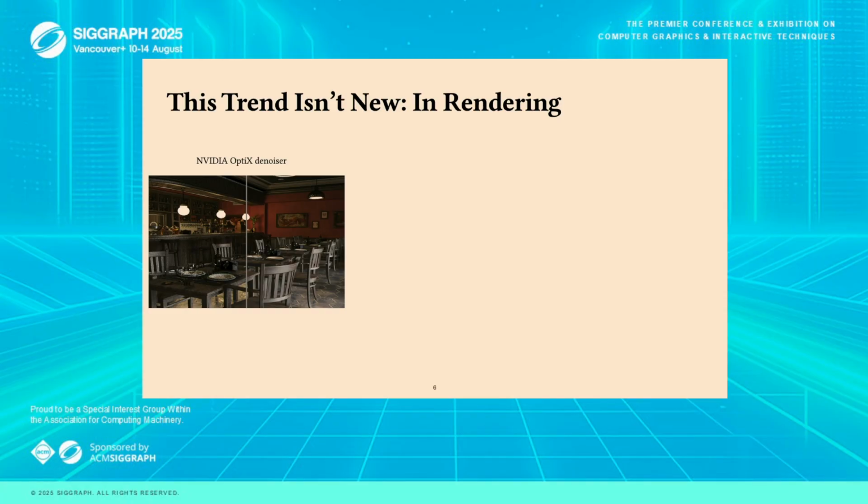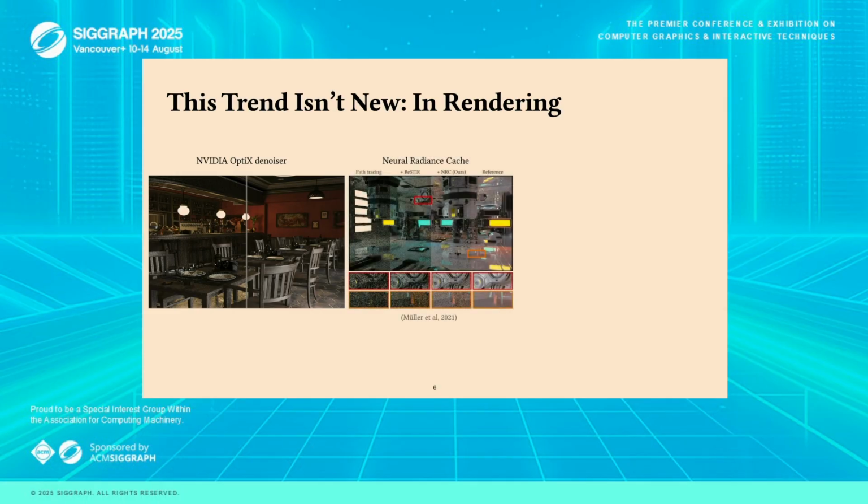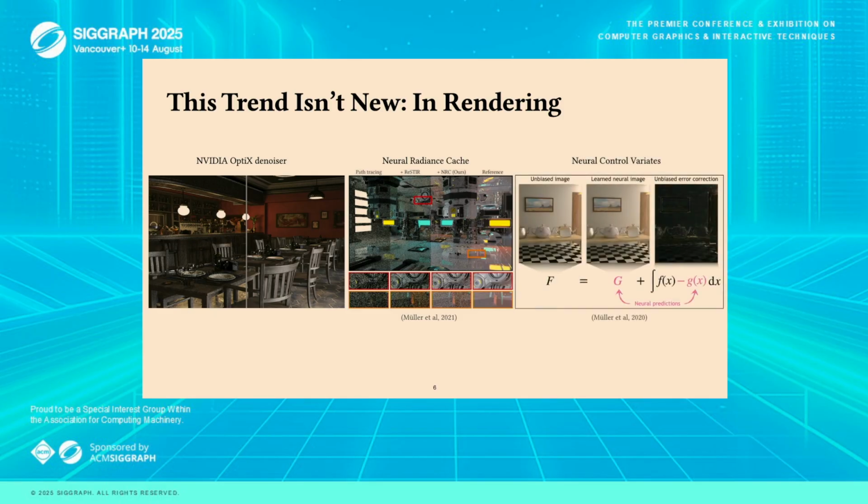Neural denoisers, such as NVIDIA OptiX, take noisy path-traced images and clean them up in milliseconds, dramatically reducing the number of samples needed. And neural radiance caches use neural networks as caches to learn and reuse the lighting, enabling real-time global illumination. Neural control variates learn to approximate the integrand in Monte Carlo integration, using this prediction to reduce the variance while keeping the result unbiased.